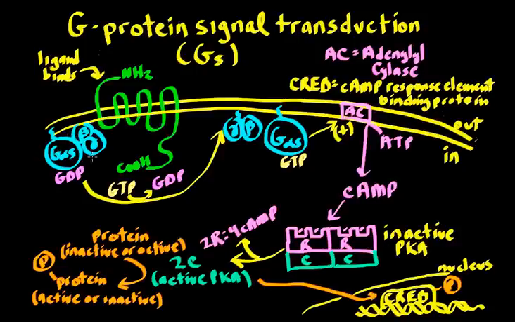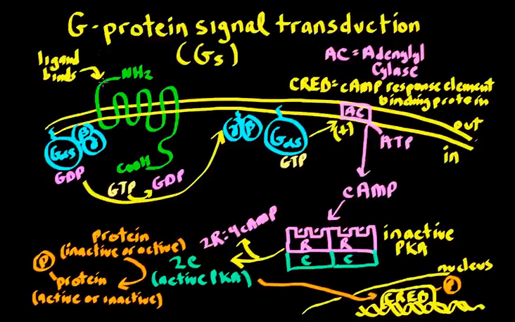In this case, we can see here that there are 3 different subunits: an alpha subunit, a beta subunit, and a gamma subunit. And so this is a heterotrimeric complex, and you can see here that it's bound to GDP. And in this heterotrimeric state, bound to GDP, the G protein's inactive.